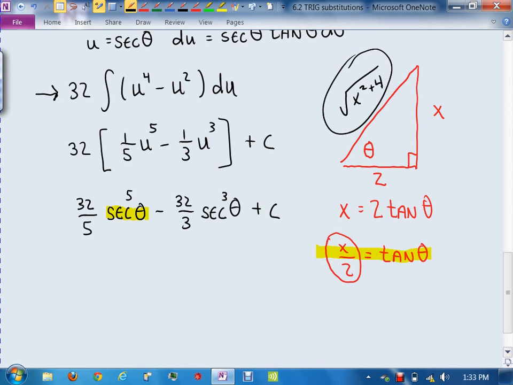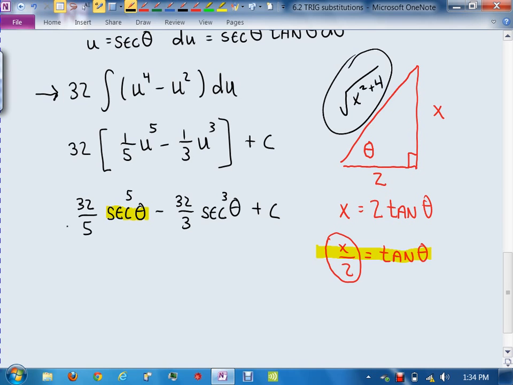So secant of theta, according to that triangle, is what? Which side over which side? Hypotenuse over adjacent. So that's the square root of x squared plus 4 over 2.